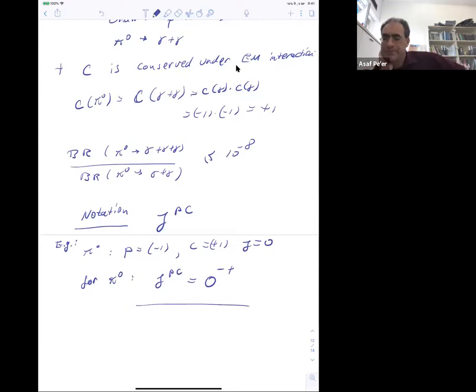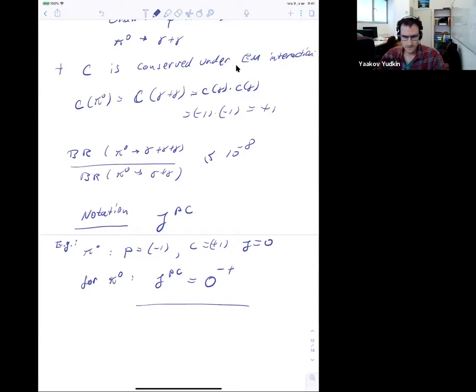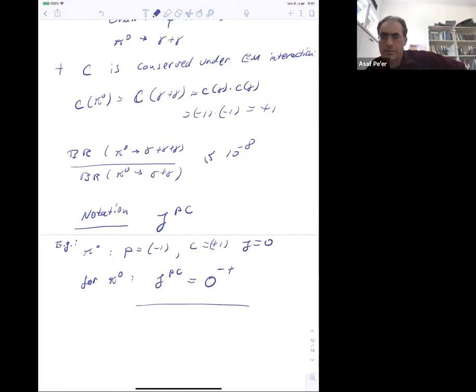Yes, question. If you say that charge conjugation C is conserved, then I would expect the pion decaying to 3 gammas to be never, not smaller than some finite number. Yeah, you're right. I think this is the experimental result. I don't think it ever happens.